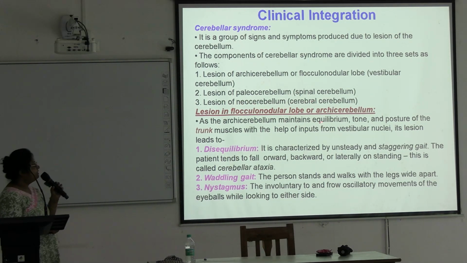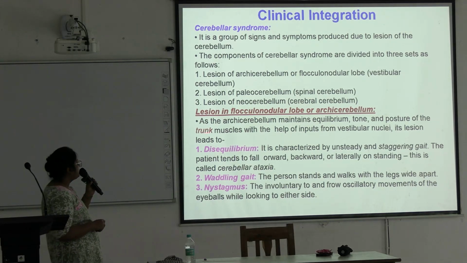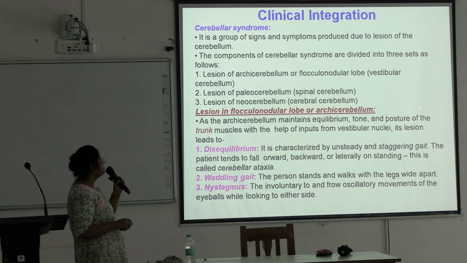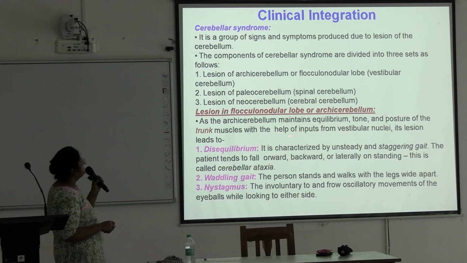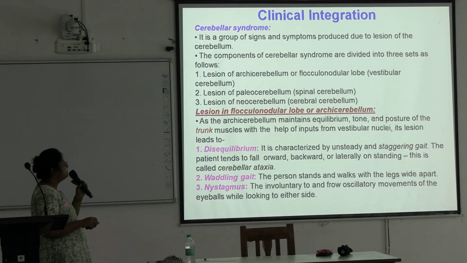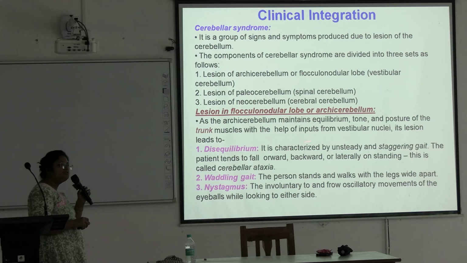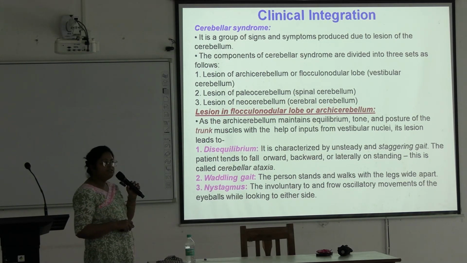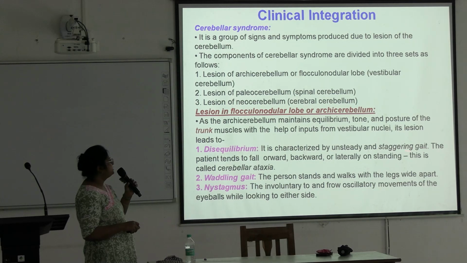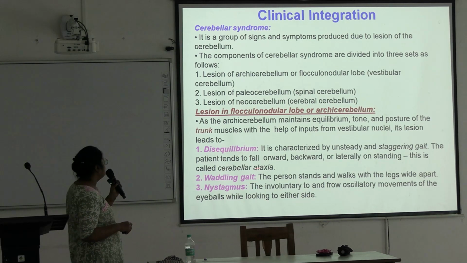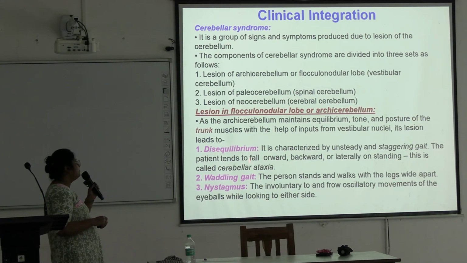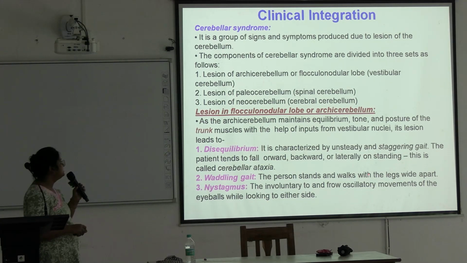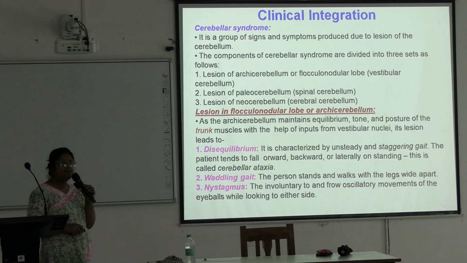Lesion of the flocculonodular lobe or archicerebellum: as the archicerebellum maintains the equilibrium, tone and posture of the trunk muscles with the help of inputs from vestibular nuclei, its lesion leads to disequilibrium. Disequilibrium is characterized by unsteady or staggering gait. The patient tends to fall forward, backward or laterally on standing, and this is called cerebellar ataxia.